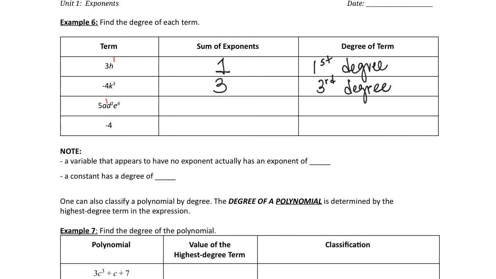So this time we have multiple different exponents in our term. So this is an actual question where you do have to find the sum, or the addition, of all of the exponents. We've got 1 plus 2 plus 6, and that's going to give you a total of 9. So in terms of the degree, this would be a 9th degree.